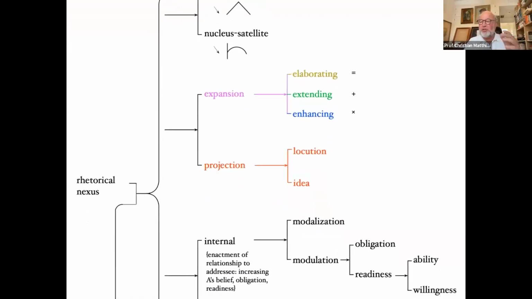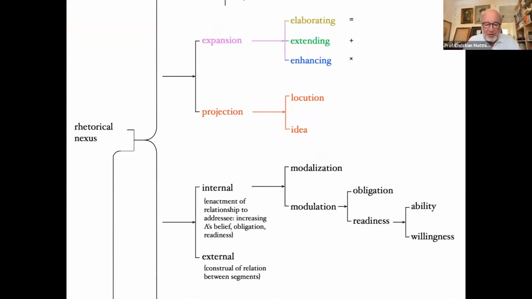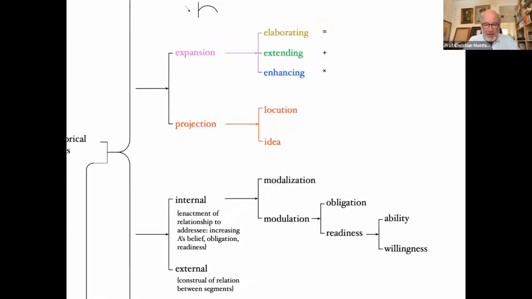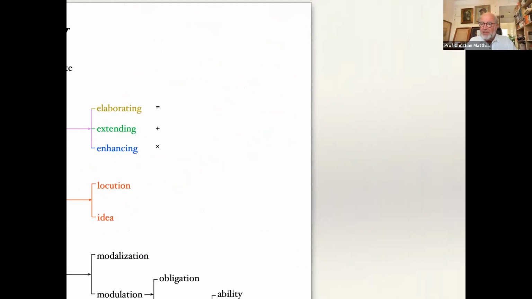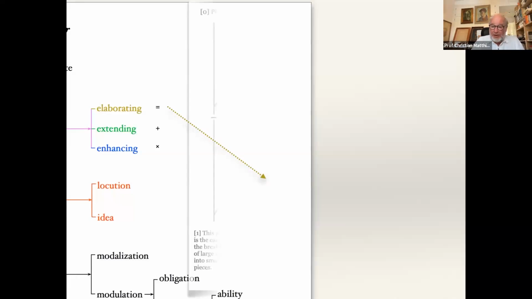There are simultaneous systems that we could talk about on another occasion, but let me focus on elaborating, extending, enhancing as different kinds of expansion. I'll give you an illustration from a text that will then show you how you can grow segment by segment. So an illustration of elaborating.